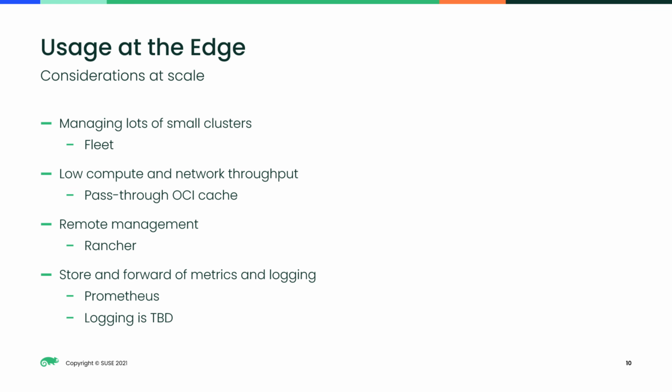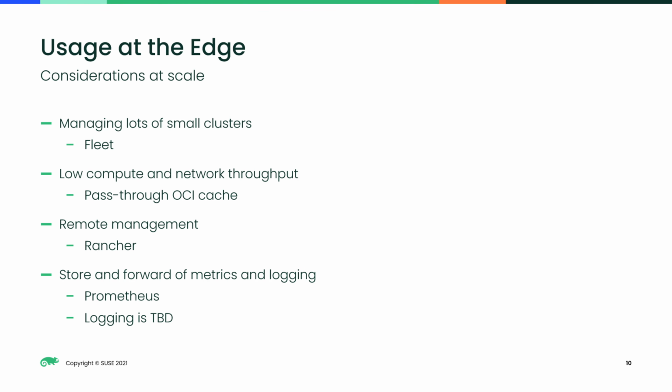But when we're talking about the edge, we are typically talking about a lot of small clusters. So it might be that you have 20,000 clusters spread around the world, right? That makes it really hard to manage 20,000 clusters. So we have a component called Fleet that allows you to do GitOps at all of those clusters.